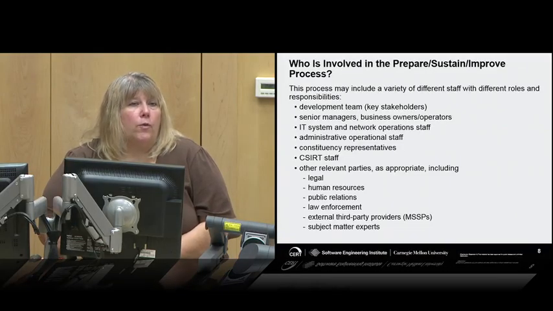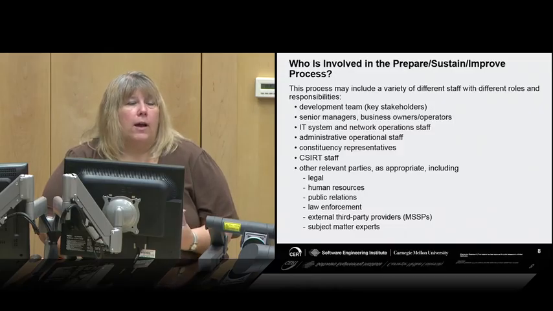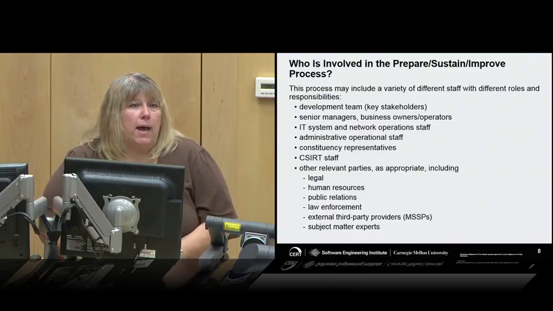It can also involve getting the right coordinating, setting up the right interfaces between the incident management function and any of these third-party or relevant parties, whether it's human resources, public relations, law enforcement. So all of that is part of understanding that they may have particular needs that need to be met, but also in sustaining a system and improving a system, understanding that these other parties may have a relationship that needs to be established with the incident management function.